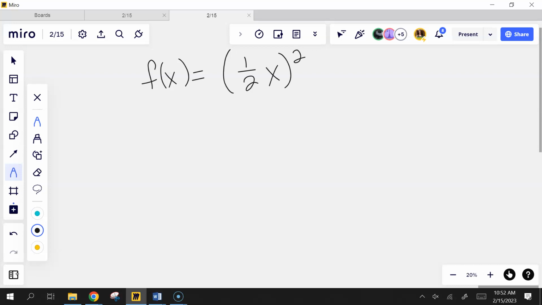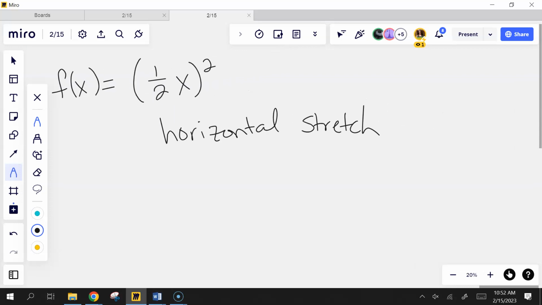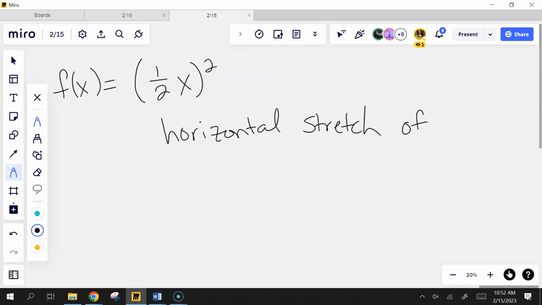Tell me what's going on. Horizontal. Is it a shrink or a stretch? Stretch. Horizontal stretch of, what's the factor? 2.